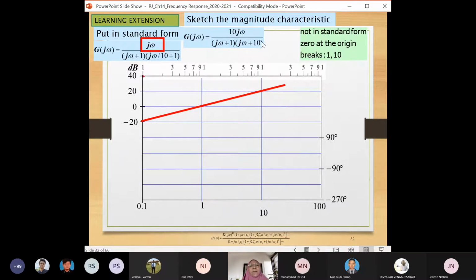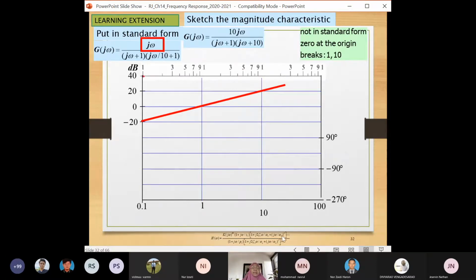Here the break frequency is at 10, so 100 should be sufficient. And because we have the zero at the origin, 0.1 should be sufficient. So your graph should span from 0.1 to about 100. If you have 0.1 to 1000, it's okay also.